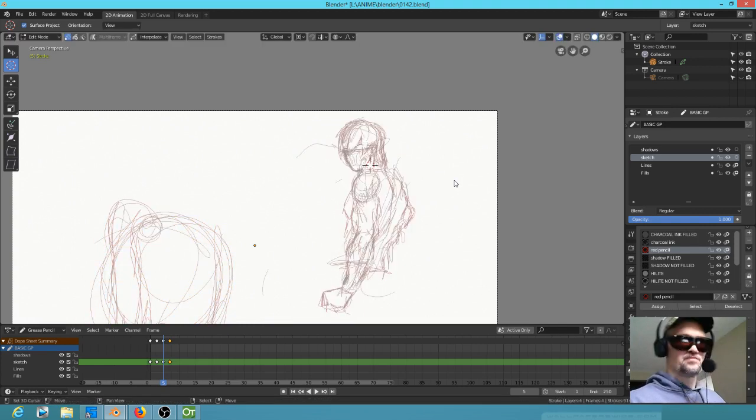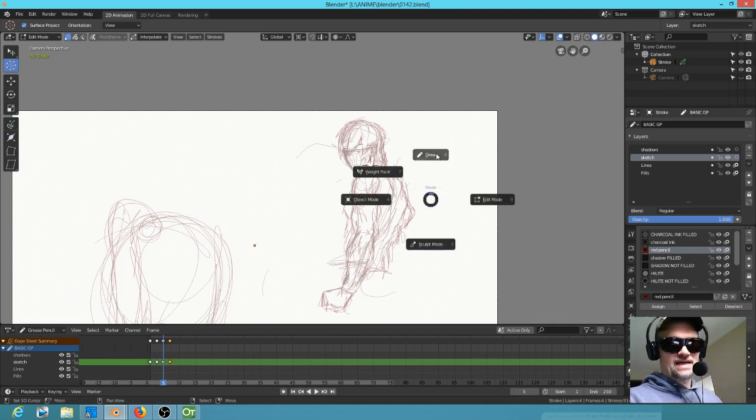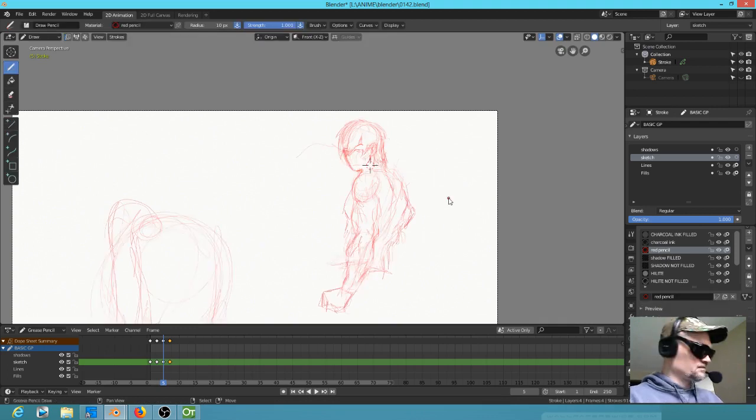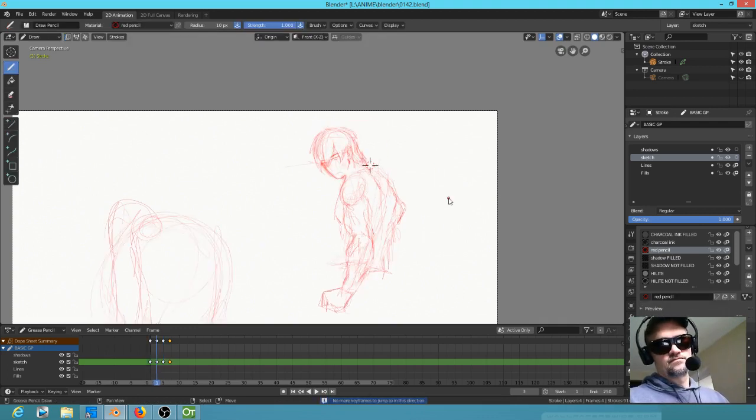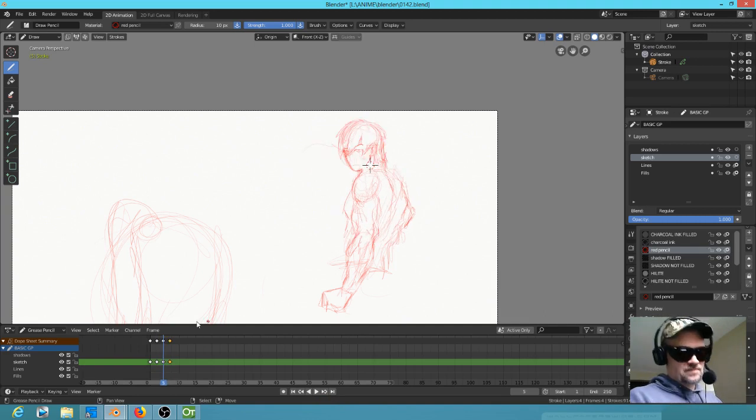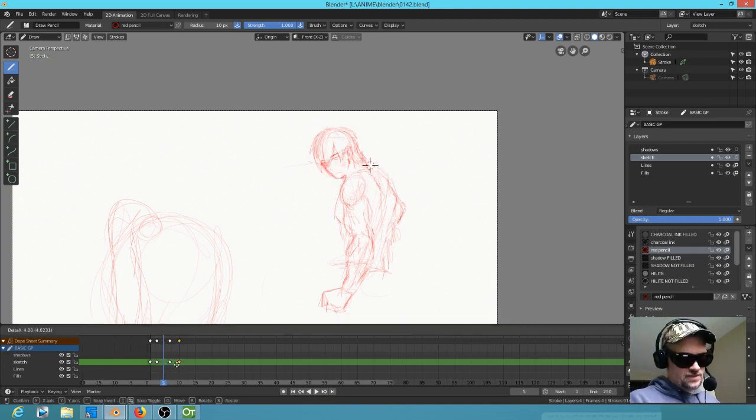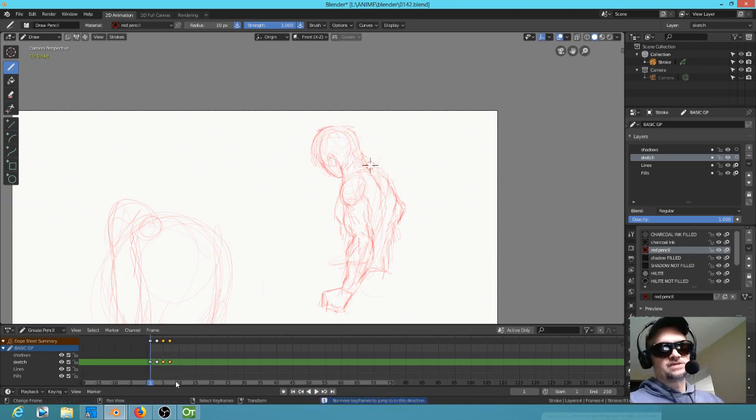Alright, so now let's jump back into draw mode. Okay. Somehow those two keys got reversed, but no big deal. We'll just grab them and put them back in order. Okay, so it's going to be turn.